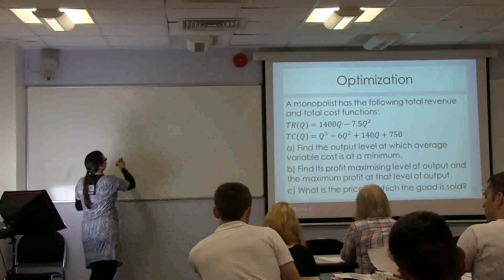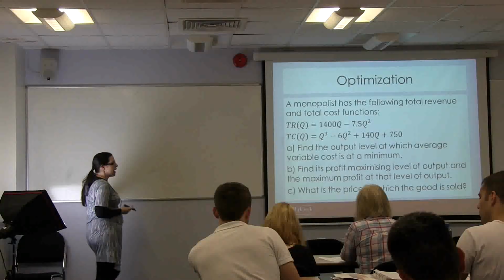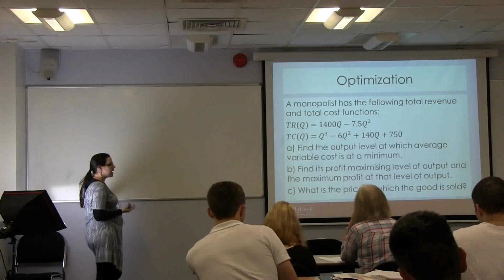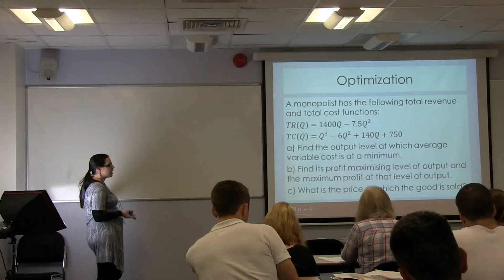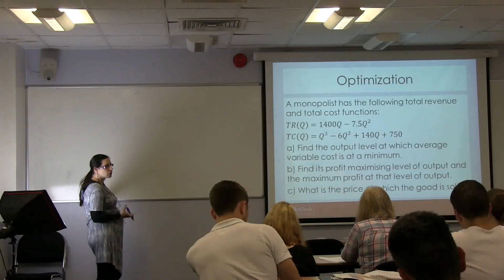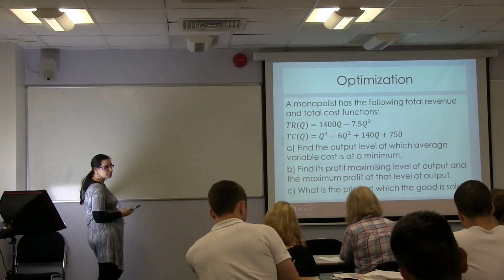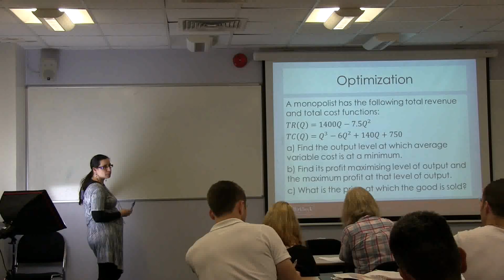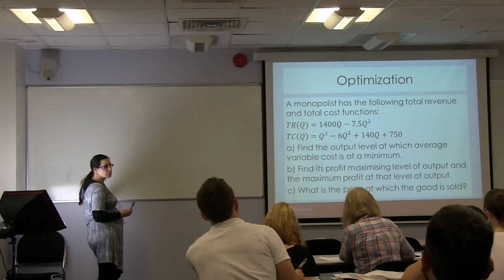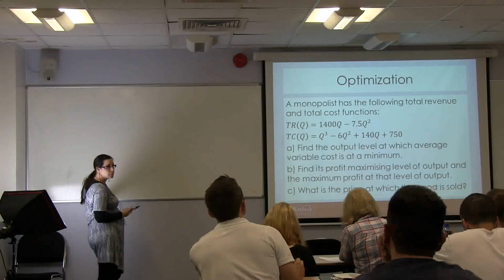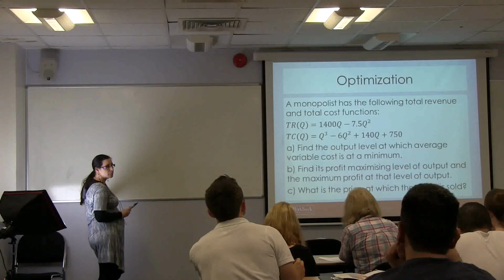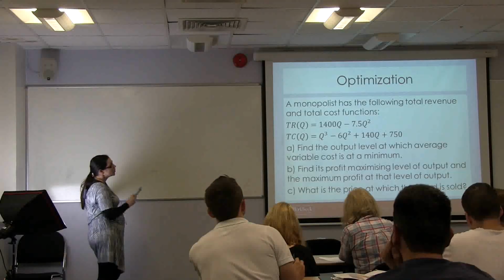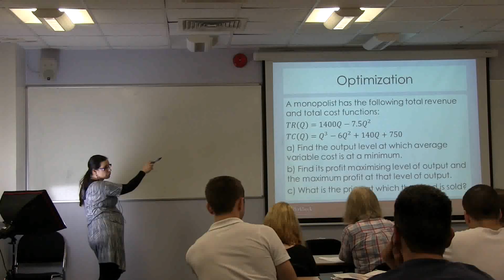So I've got the total revenue there, and find the output level at which average variable cost is at a minimum. So what do we need to do here? Divide everything with the variable by Q. I'm going to have to look at the cost function first.